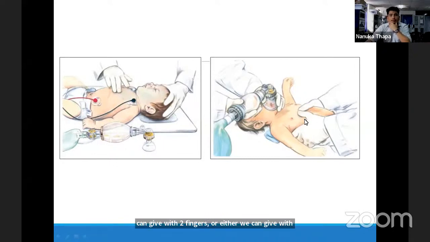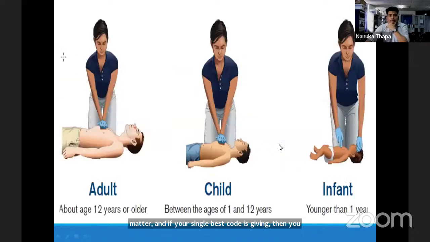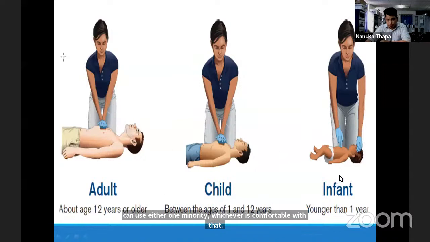If 2 rescuers are involved, then the 2 thumb technique is preferred as compared to the 2 finger method. If a single rescuer is giving, then he can use either one, whichever is comfortable. This is what is shown in this figure: chest compression in an adult, in a child, and in an infant.